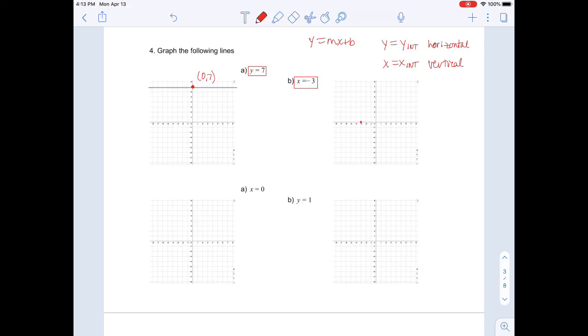I know my x-intercept is -3, and I can just graph my line. Okay, so that's how we graph horizontal and vertical lines given their equations.